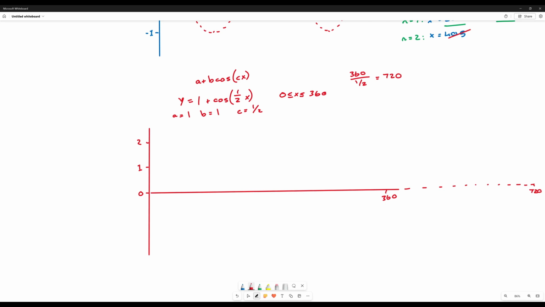But if you think about it, the period of 720, which 360 divided by a half is, means that it has to start here, go down and up, and reach the starting point again after 720.